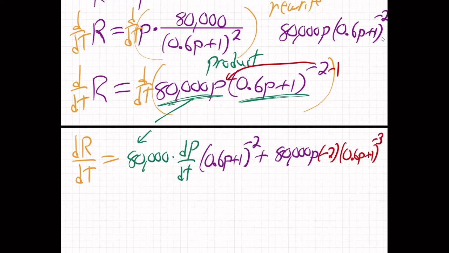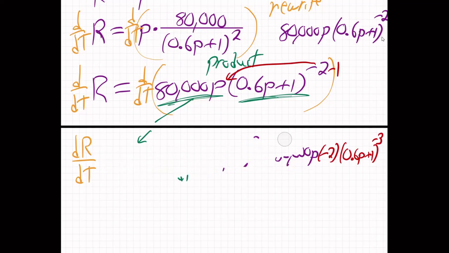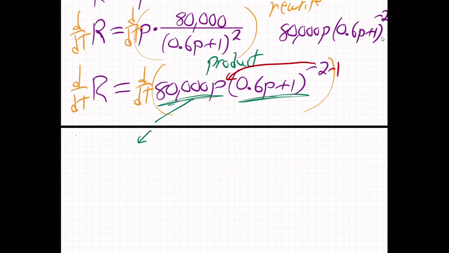Oh, I totally just ran out of room, huh? I don't know why I always think I have enough room and I just keep squeezing it. I'm going to redo this. You're going to see it again. dR/dt equals, here we go.